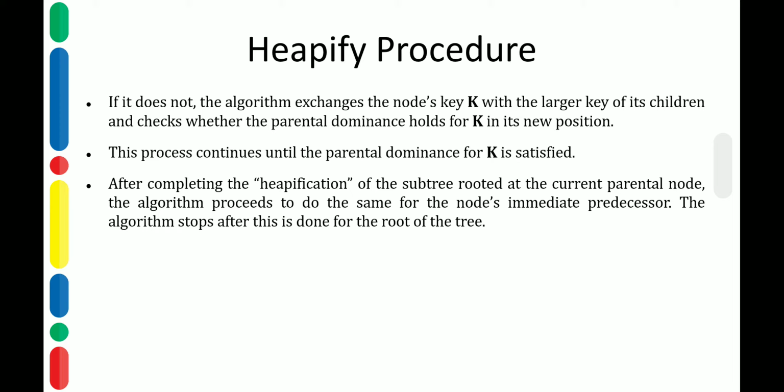The algorithm stops after this is done for the root of the tree. So we repeat this procedure again and again by going back to the immediate predecessor, checking whether the parental dominance is satisfied, and the overall algorithm stops when we have reached the root and we see that the parental dominance is satisfied for the root as well.